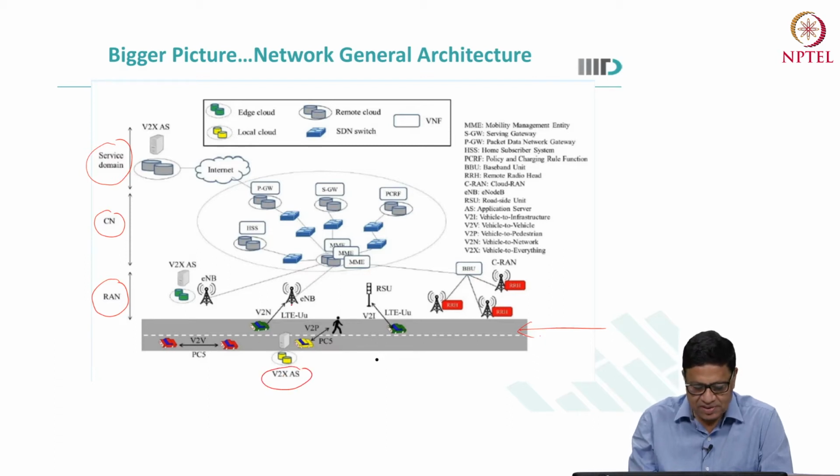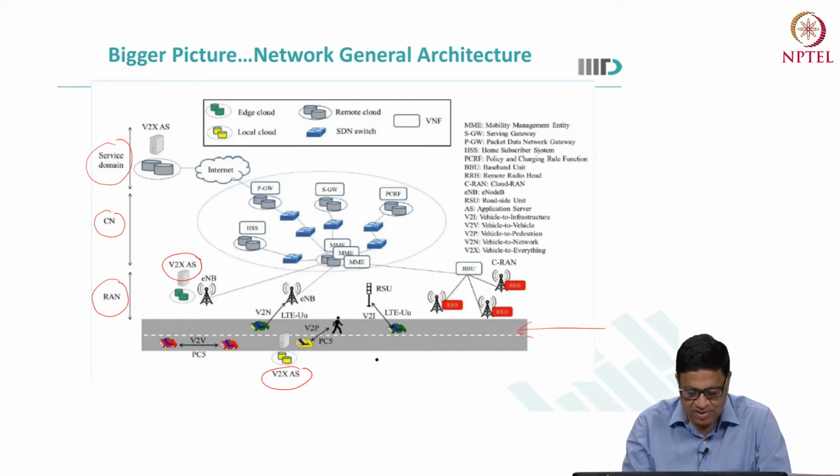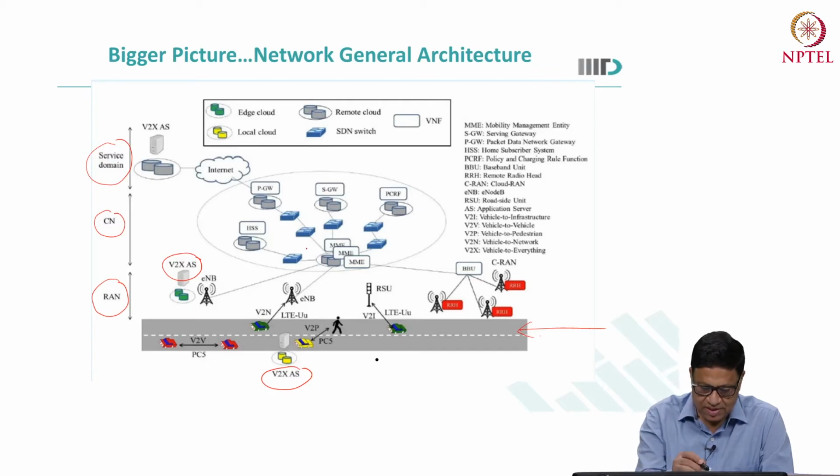Some of the information through the RAN is given to the core network, and some is processed in the RAN network through this V2X application server. And then there is some processing which is happening at the cloud level, which is somewhere here.